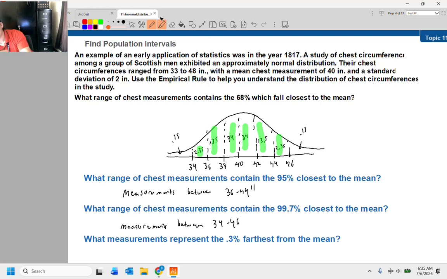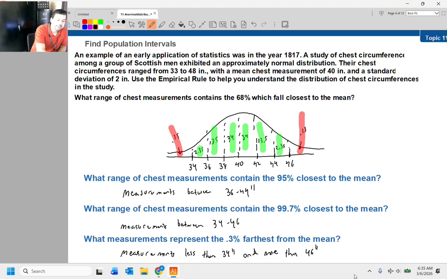Well, that 0.3% farthest from the mean is what you get when you add the tails together. So it's measurements less than 34 inches and more than 46 inches.